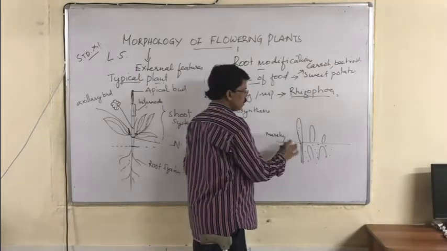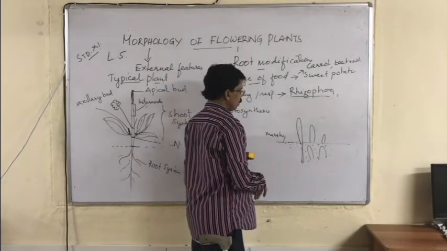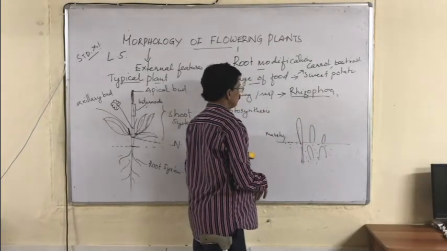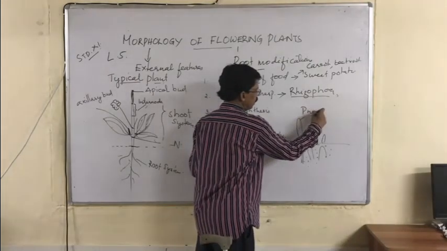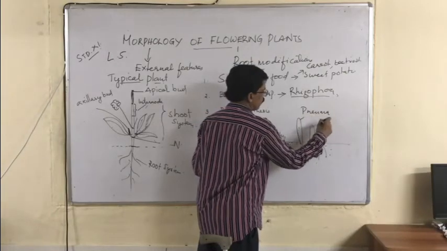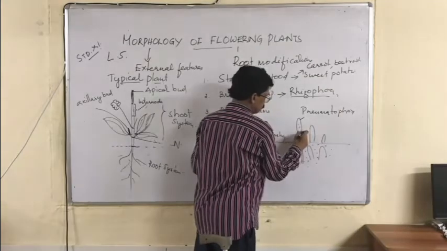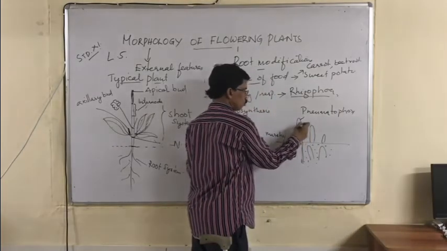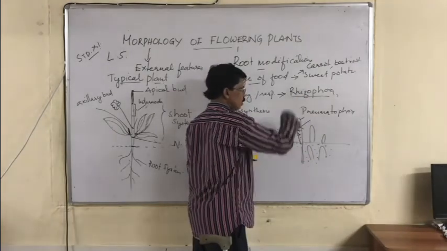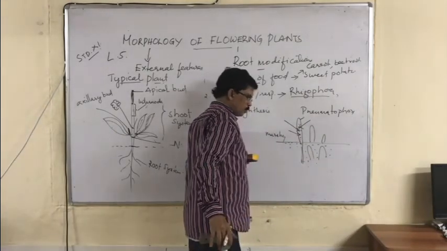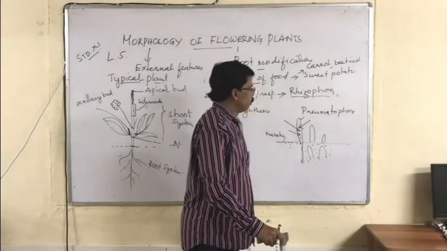So what happens? The roots will grow out of the soil. These roots are called pneumatophores. They contain small pores through which oxygen can be absorbed. So such roots will come out from the marshy soil, for example in Rhizophora.